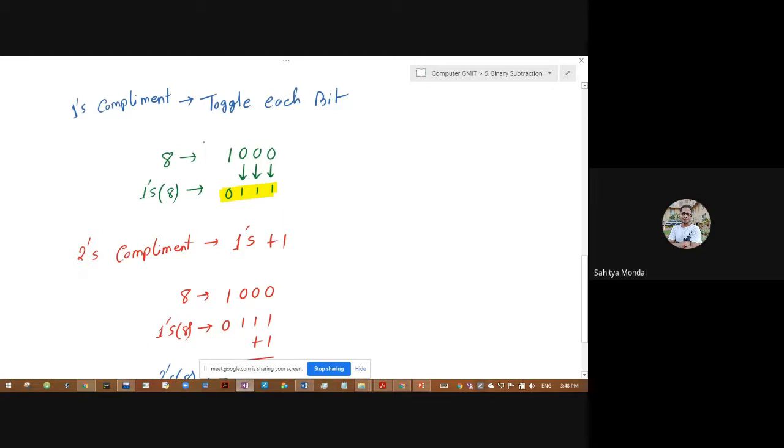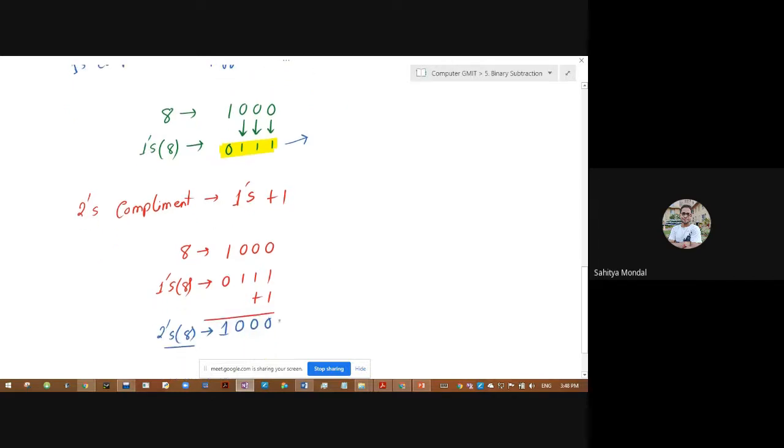You can use one methodology, that is sign magnitude, where the leftmost bit you make a sign bit, positive or negative, or you can use one's complement. If you put this, the computer will understand that this is a negative 8. If you put this one, the computer will understand that it is a negative 8. Now the question is, we have three methodologies, so which methodology should we follow? That is a big question.